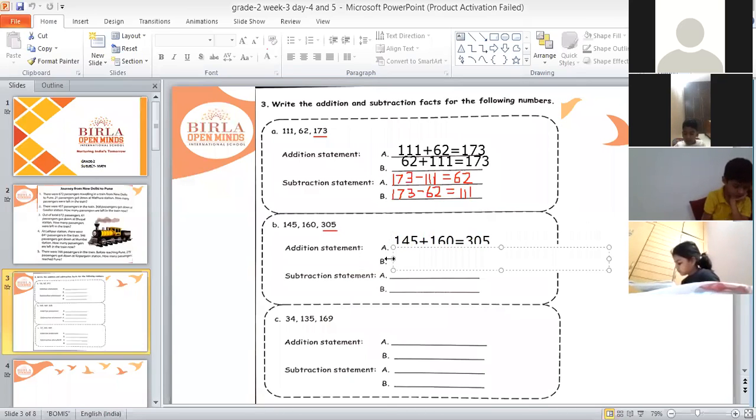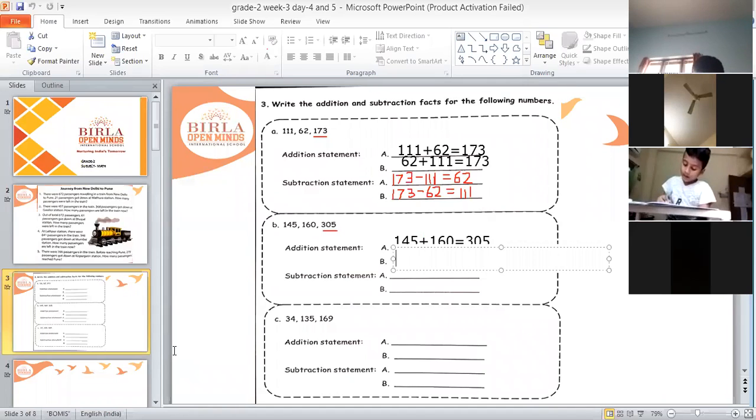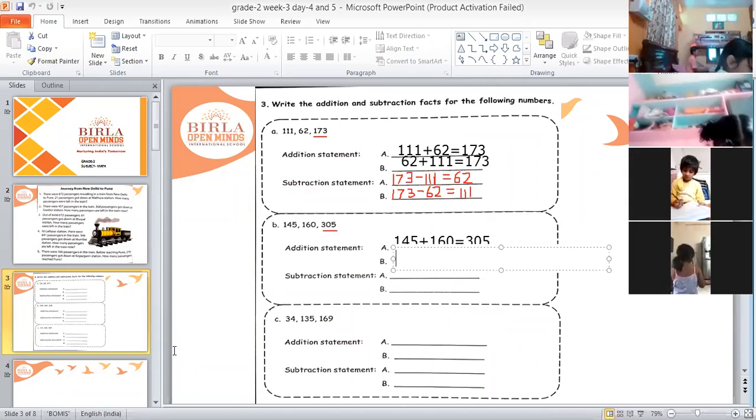So now we will write the next addition statement. And in next addition statement, what we will do? We will just change position of the number with plus sign. So numbers were 145 and 160. So we will just change their position.